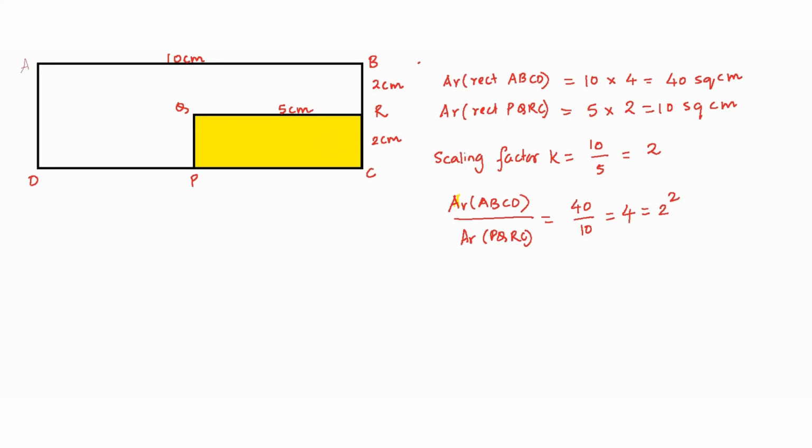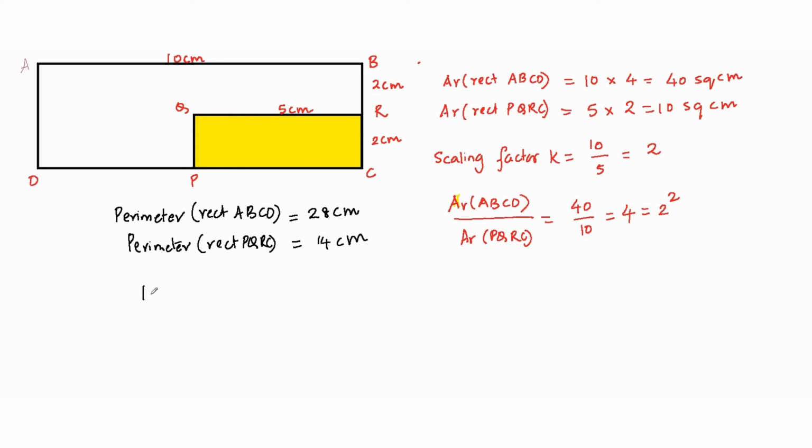Now let's find the perimeter of rectangle ABCD. It will be given by 10 plus 4 is 14, 14 twos are 28 centimeters. And let's find the perimeter of rectangle PQRC. It will be 5 plus 2 is 7, 7 plus 7 is 14.